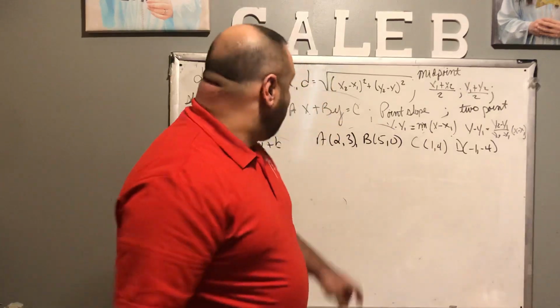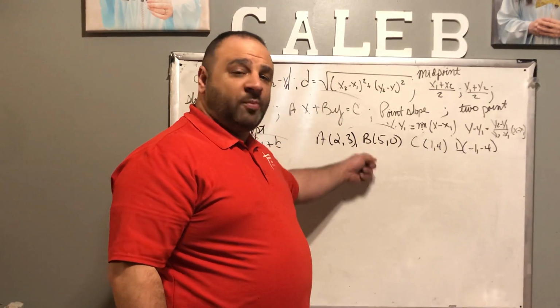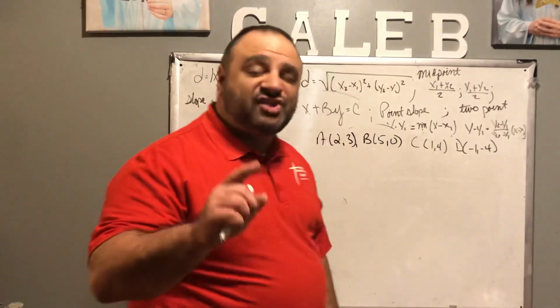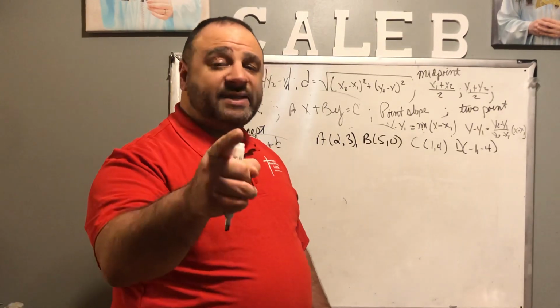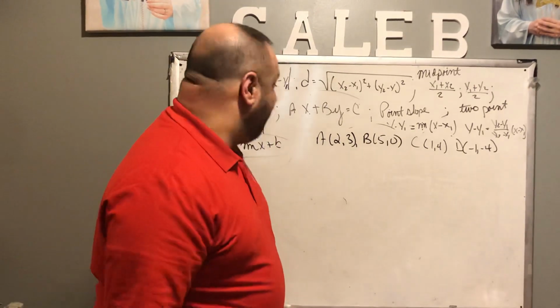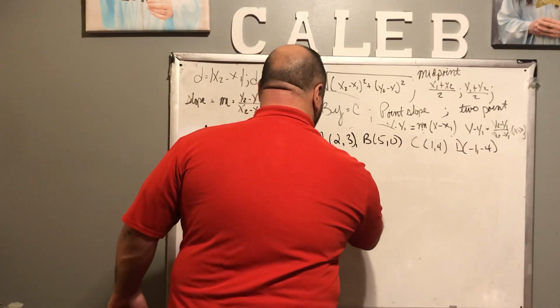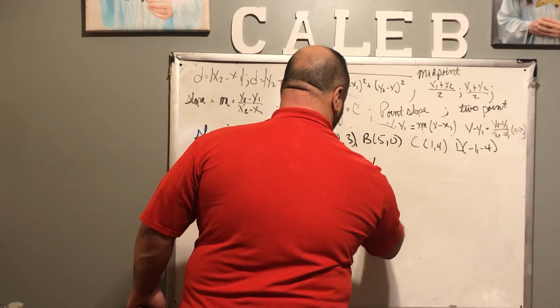I'm going to plug this in, solve for the slope on this side, and then plug these numbers in and solve the slope for this side. If the slopes are the same, then the lines are, what, class? Parallel. So let's take our slope formula, m equals y2 minus y1 over x2 minus x1.